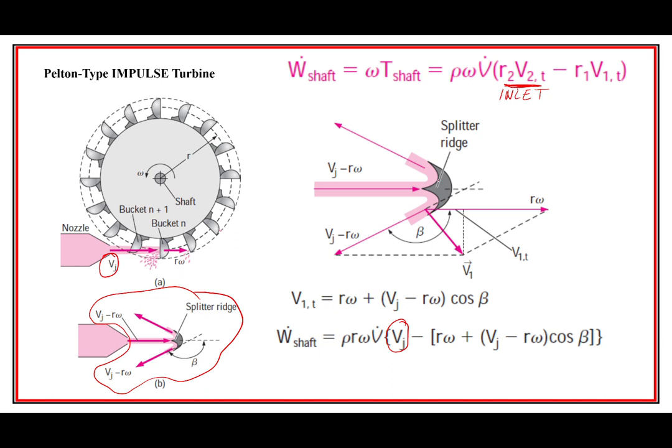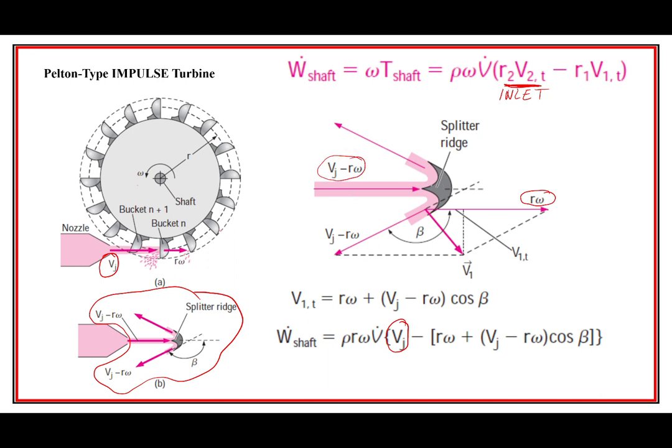Here's the close-up of this. For relative velocity, the blade is moving at r omega as it's spinning, right? So that's going to be the velocity of the blade. And so the inlet is going to equal the outlet, relatively speaking. So there's the relative velocity inlet.